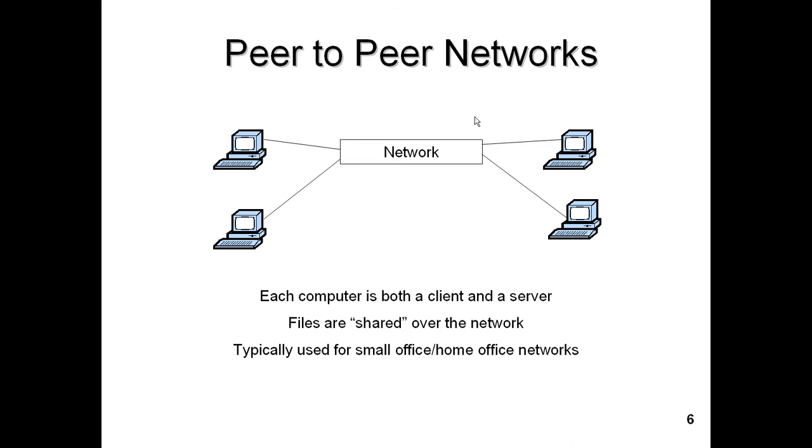So what I do is I store everything that's of any importance on my wife's computer, which has a plug-in backup drive on it, which mirrors her hard drive. So I've got my data stored in 2 places pretty much simultaneously. So that's what you see in a peer-to-peer network.